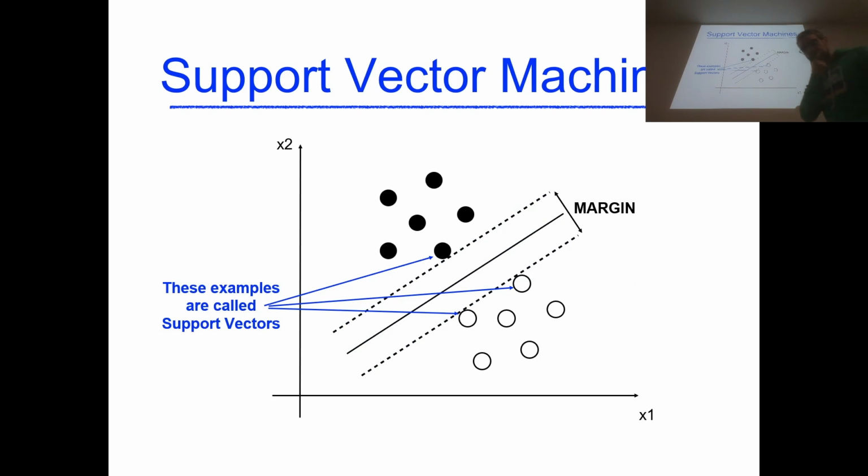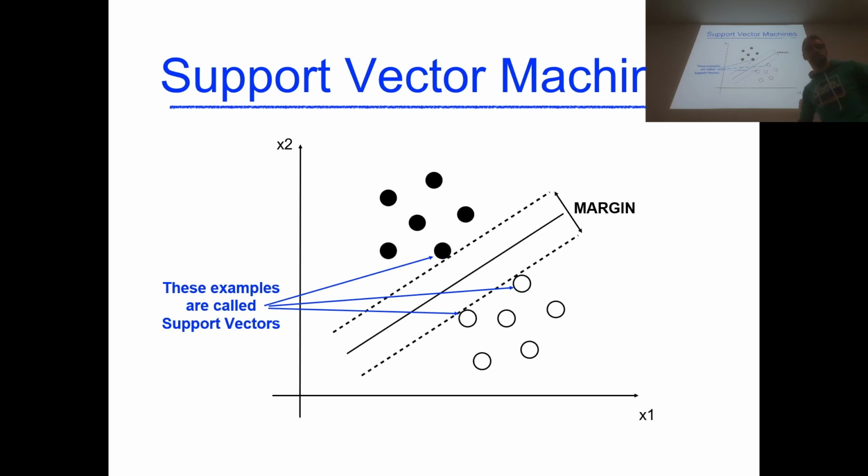And the name basically stems from this notion of margin. The data points that are at the frontier, that are in a sense the last data points of their kind before moving on to the other kind, are called the support vectors.